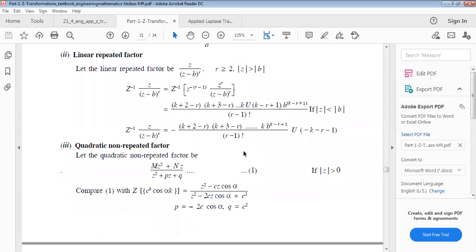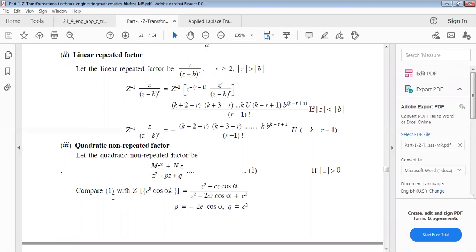Now quadratic non-repeated factor. Quadratic you must know: ax square plus bx plus c equal to 0. This is the quadratic equation. So a factor like z square plus pz plus q is actually a quadratic factor. Let it be the quadratic non-repeated factor. This is why it is called non-repeated.